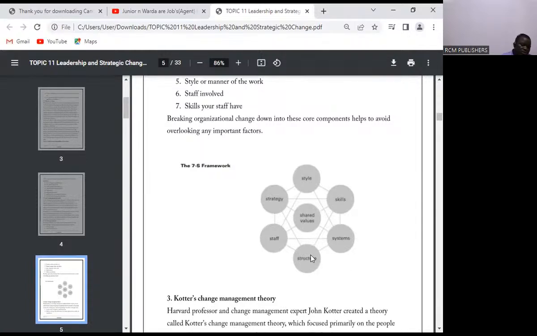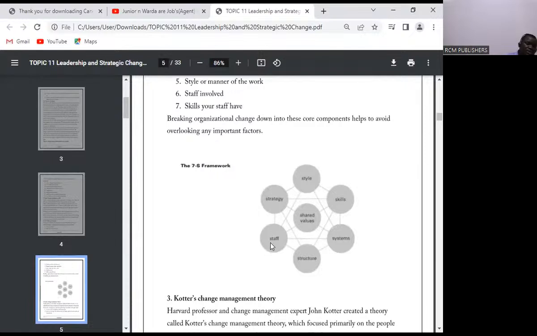The structure is the framework under which various responsibilities are defined. It tells you the positions that exist in the entity and the areas of responsibility and accountability in the entity. So for change to be effectively implemented, we need to have the right organization structure in place.